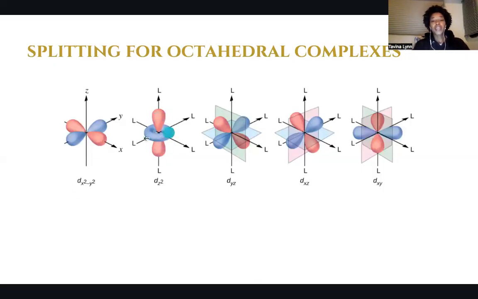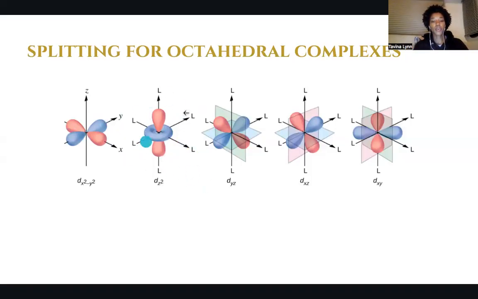So we can see how the orbitals are spatially arranged relative to the direction at which the ligand is coming in and binding. In this first orbital, the ligands are coming in directly towards the d orbitals, right, along these y and x axes.